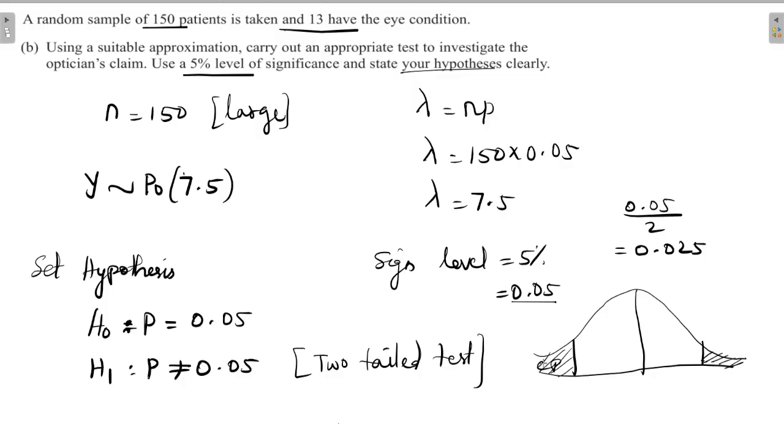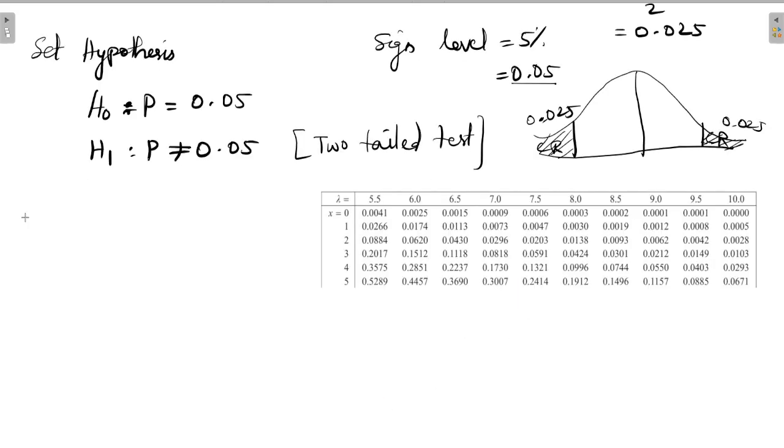Both of these are our critical region because it is a two-tailed test, 0.025 each. The probability of our critical region must be less than or equal to 0.025. This 0.025 is from our significance level. Let us find the lower tail.